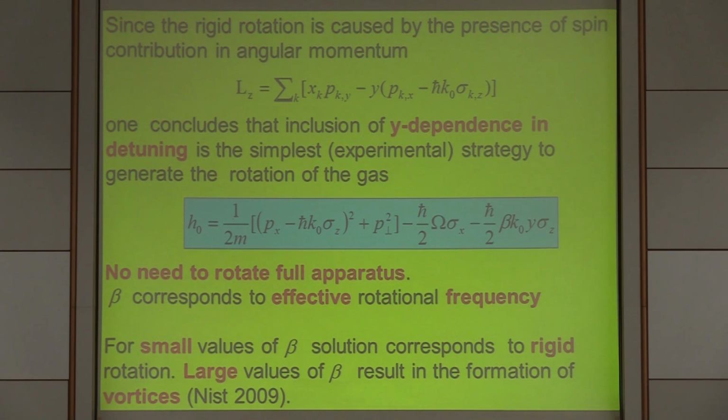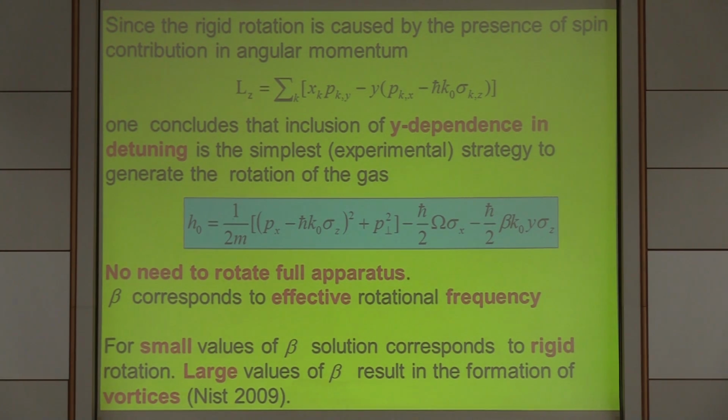And a crucial point that emerges from this analysis is that since the rigid rotation is caused by the presence of the spin contribution, because the rotational term does not contribute finally to the angular momentum, the simplest strategy to generate the rotation of the gas is not given by the full rotation of the sample, which would imply the rotation of the lasers which generate the spin-orbit coupling and the trap.